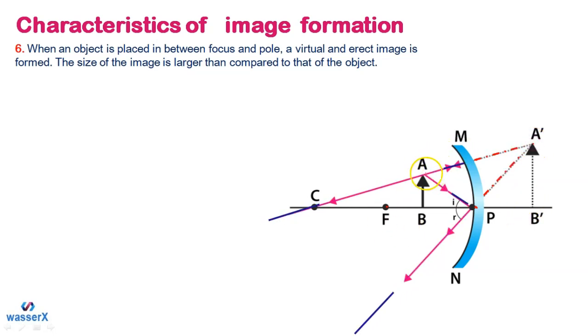The ray passing from the point A of the object, after reflection, is aligned with the center, so it goes back from the center. And the ray incident on the pole makes some angle, angle I is equal to angle R, and again goes back. As you can see, these are not meeting at all, they are diverging. So in this case, students, you are getting the virtual, enlarged, and erect image.